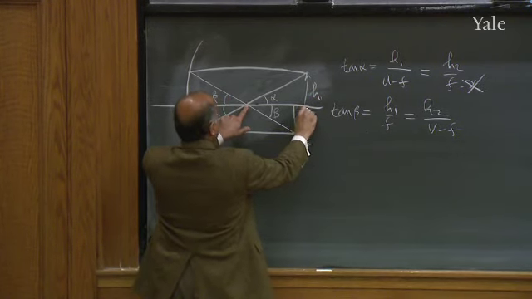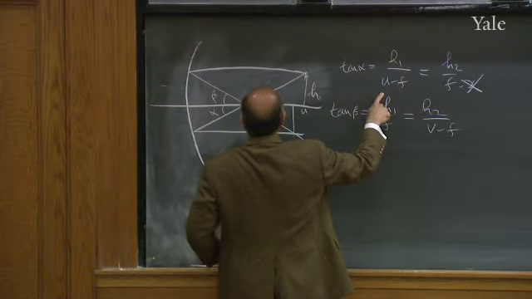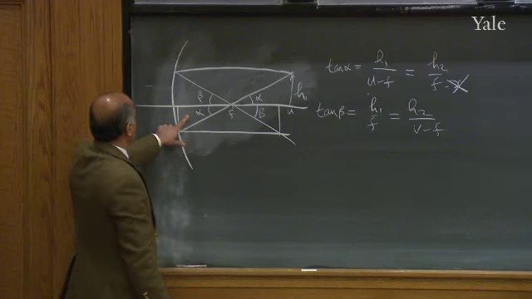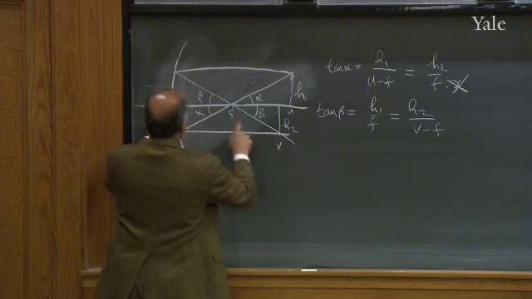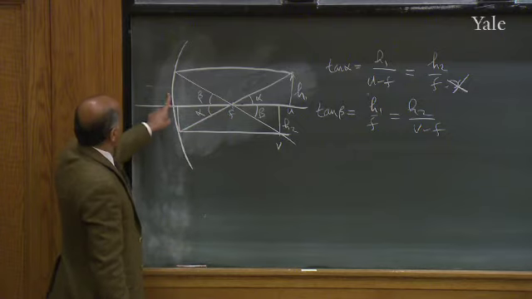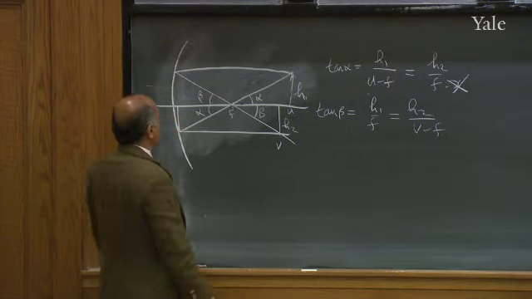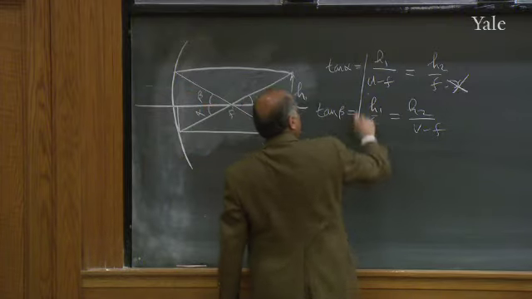You take away f, because that's f. That's h1 over u minus f. It's the same as tan alpha measured on this triangle. That tan alpha is h2 divided by f minus the tiny portion, which is the x, which I'm dropping. Then similarly for beta, you have a similar rule. So here's all you can get out of these two rays.